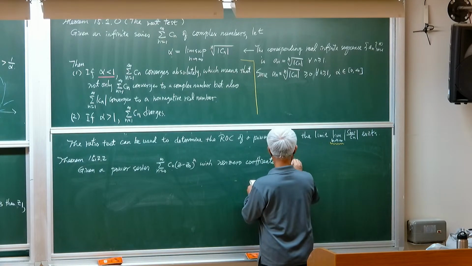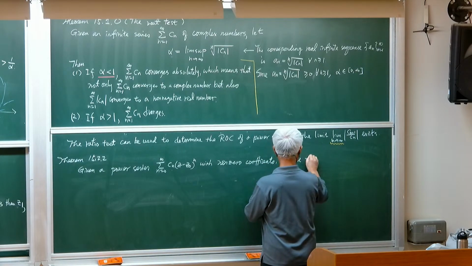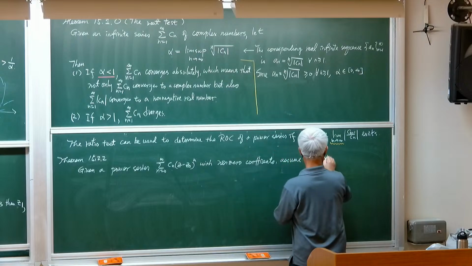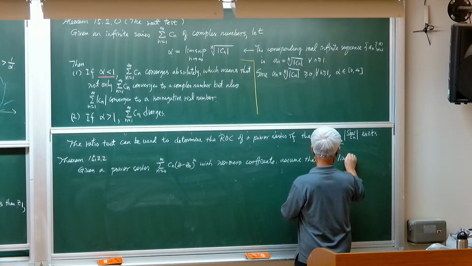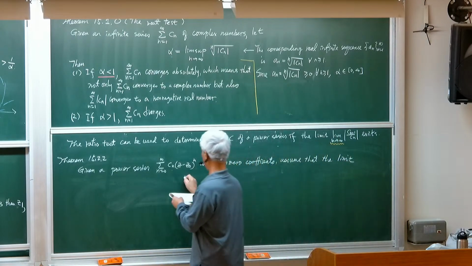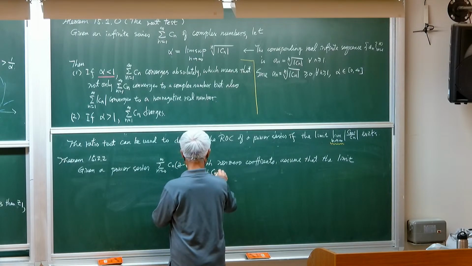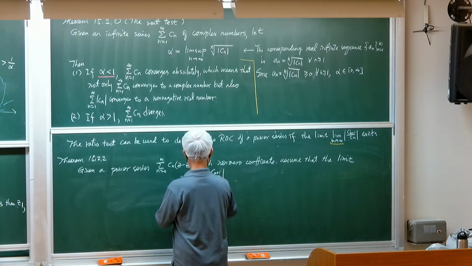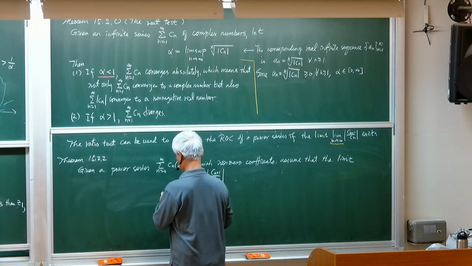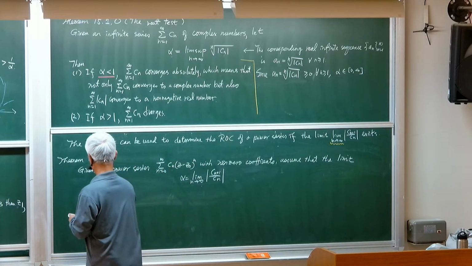Assume that the limit alpha, which is the limit as n goes to infinity of |Cn plus 1 divided by Cn|, exists.